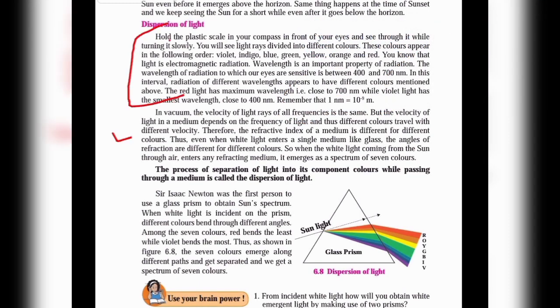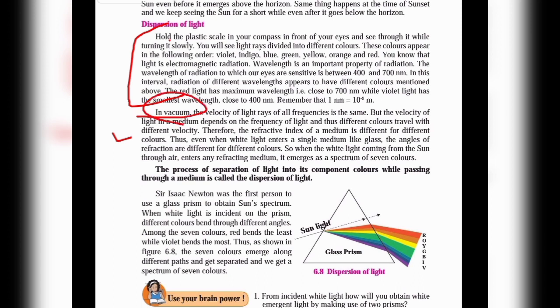Second, it is given: in vacuum, the velocity of light rays of all frequencies is the same. That means the velocity of all light in vacuum is the same.